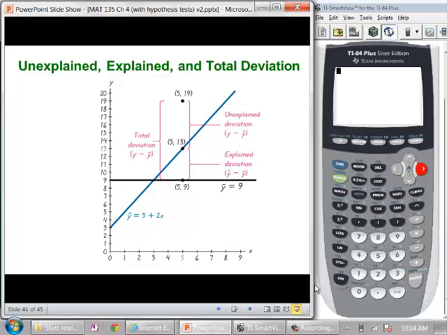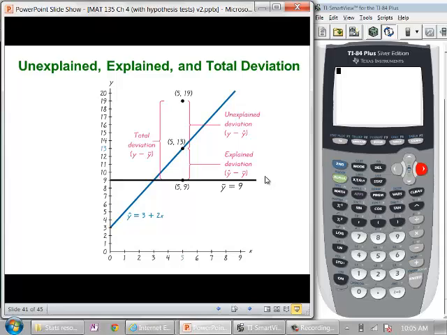On our calculator, when we did the linear regression, it gave us r, but it also gave us r squared. So we're going to look at what the r squared actually means. So here's an example of something where we have a regression line and we have our original point that was on the line. So the one in blue is the regression line. The black one is just the average values, the average of the y values from our sample data.